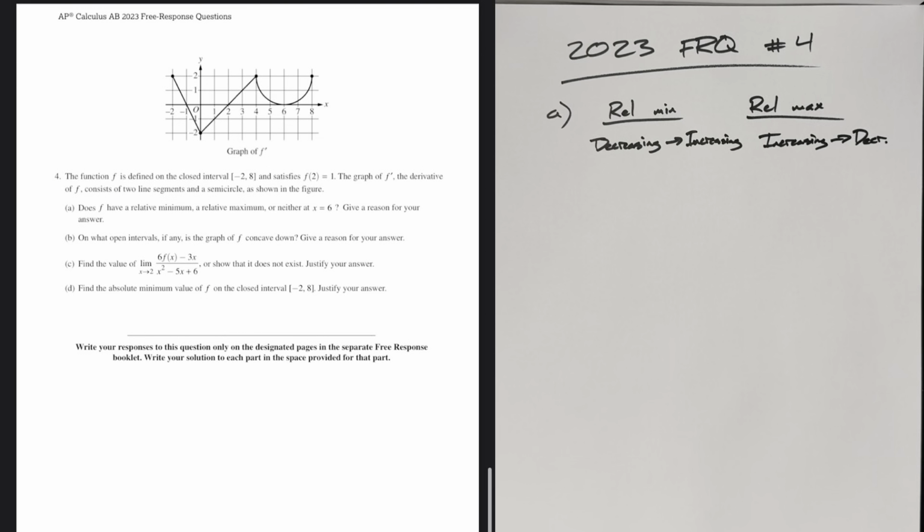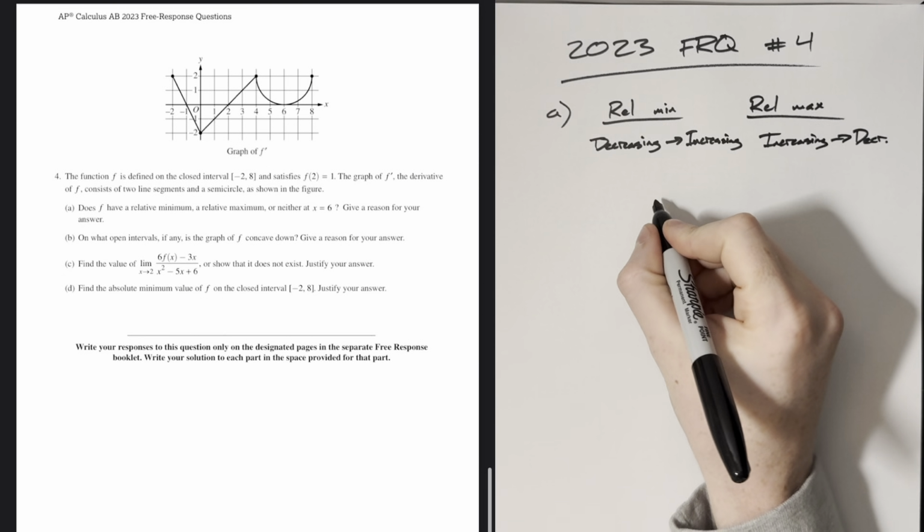Now, looking at the graph, this is the graph of f prime, the derivative, right? On the left side of 6, my derivative is positive, right? It's above 0, it's less than 2, and it approaches 0, and at 6, it looks like it hits it. But on the right side of 6, my derivative is also positive.